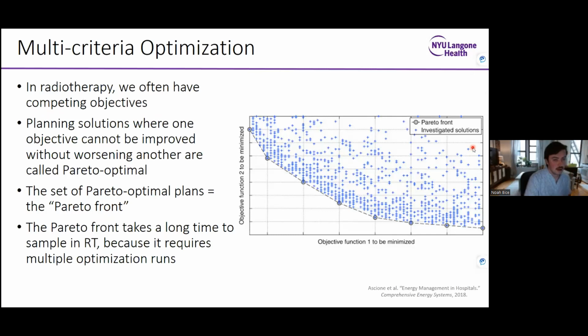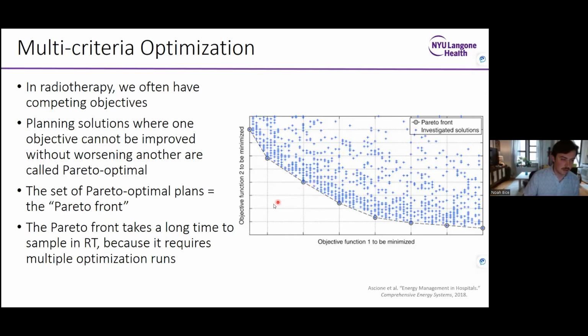And then another topic is multi-criteria optimization. It's no surprise to anyone that in radiotherapy, we often have competing optimization objectives. For example, if you're treating a prostate, prostate coverage versus bladder dose.